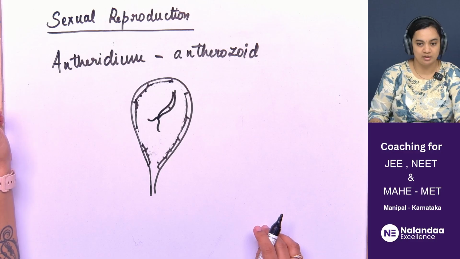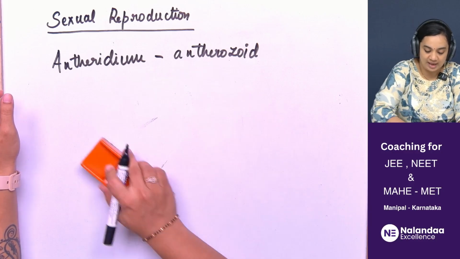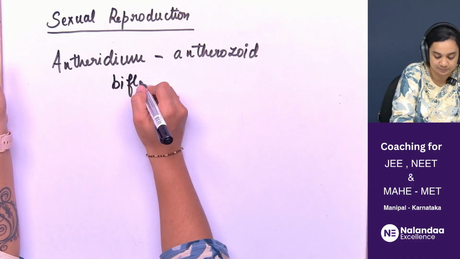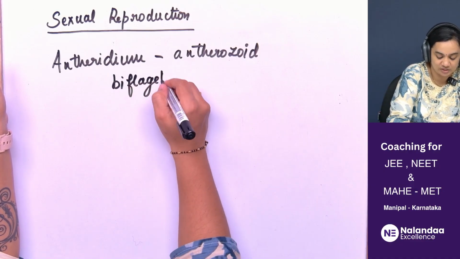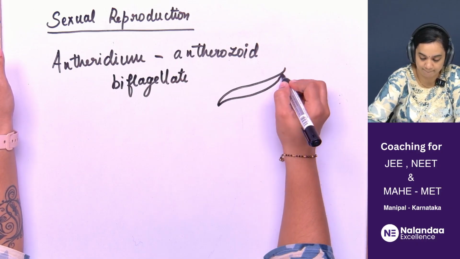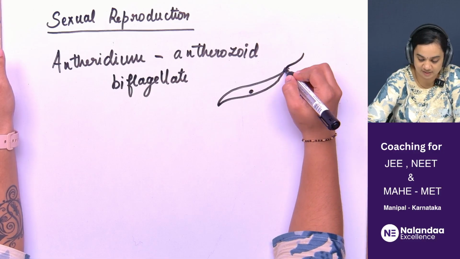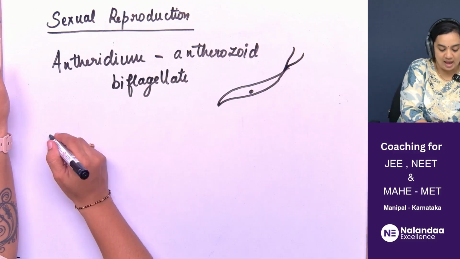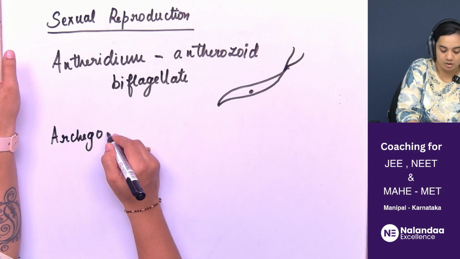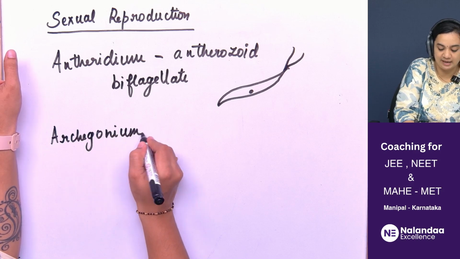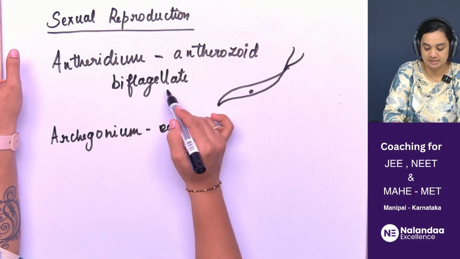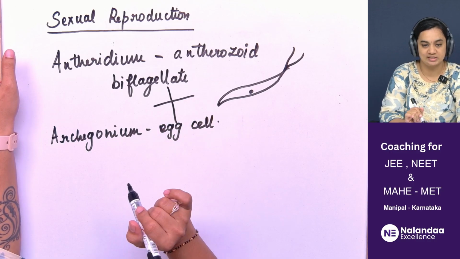So the antherozoid is biflagellate. It has two flagella like this. And then the archegonium produces the female gamete, which is the egg cell. Now these will undergo fertilization.